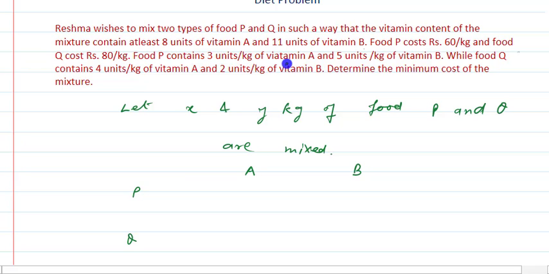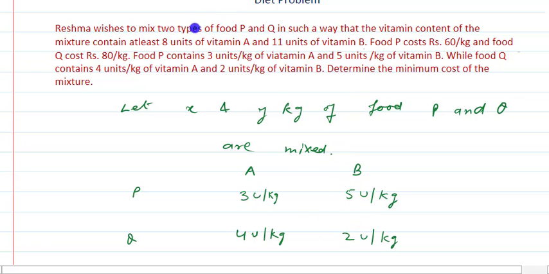Food P contains 3 units per kg of vitamin A, and vitamin B is 5 units per kg. Now food Q contains 4 units per kg of vitamin A and 2 units per kg of vitamin B.